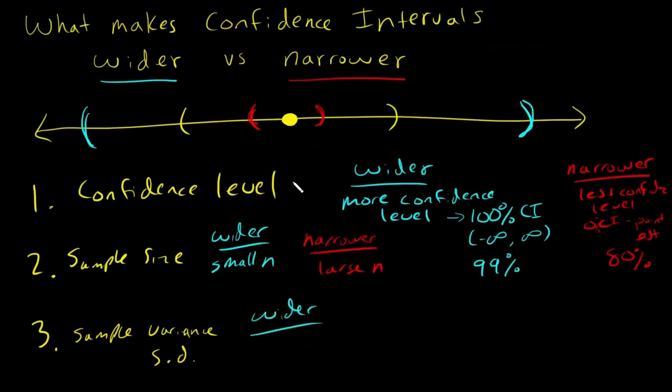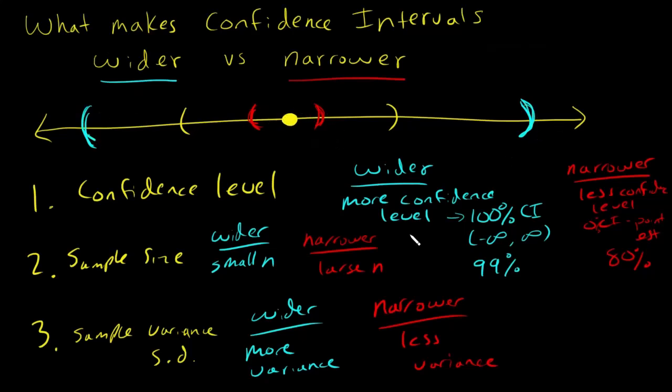Wider intervals will have more variability, more sample variance, more variance, more variability, and narrower intervals will have less. Okay, my interval doesn't need to be as large when I have less variance. I can have a smaller interval. When I have more variance, I'll need that larger interval to be the same amount confident.